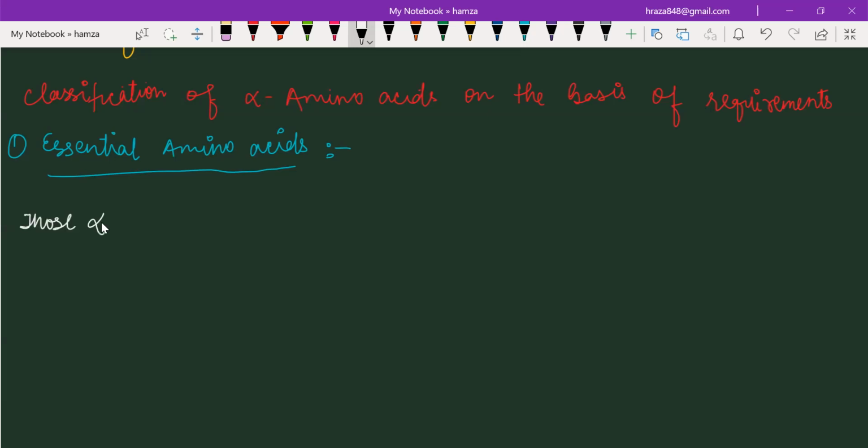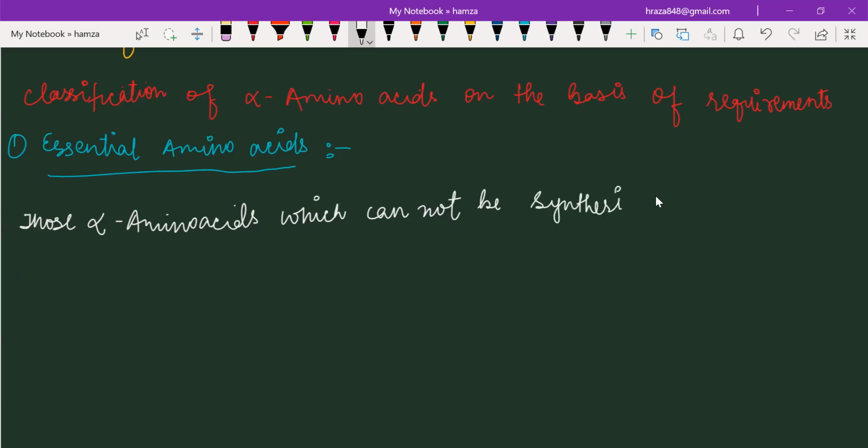I'll explain again. Those alpha amino acids which cannot be synthesized in our body. So basically, we have to take this from outside, like in diet and all.